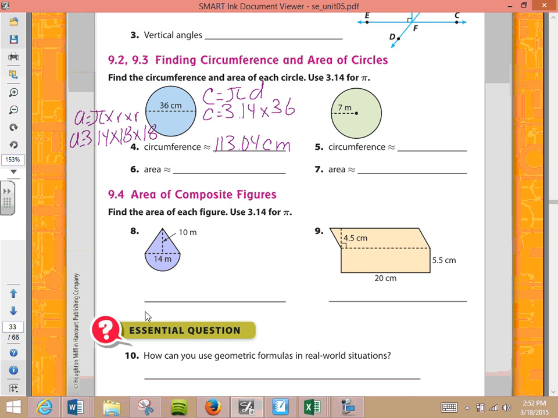You multiply those two and then multiply it by pi. 18 times 18 times 3.14.